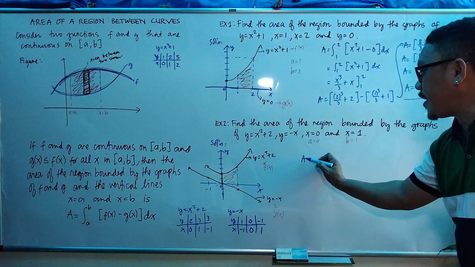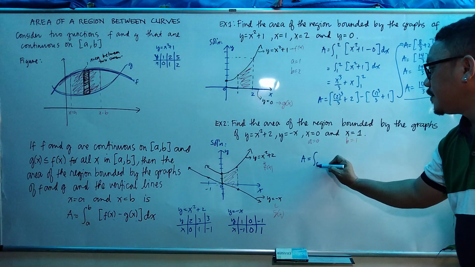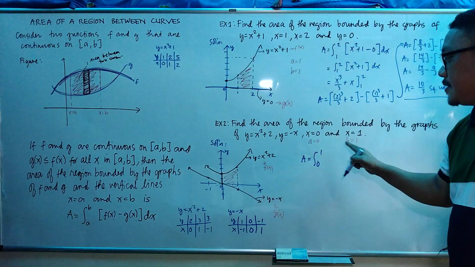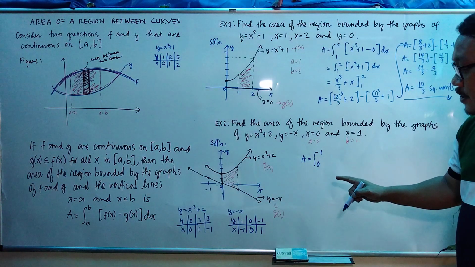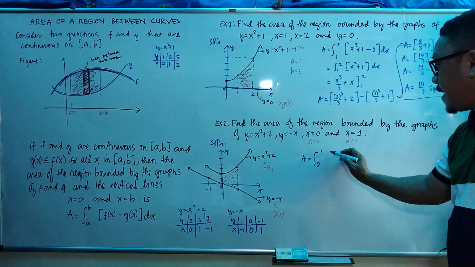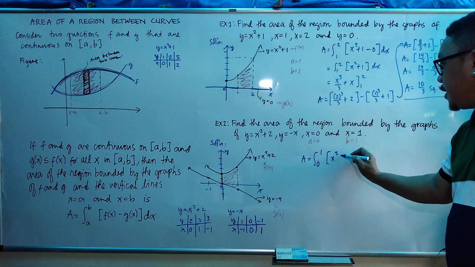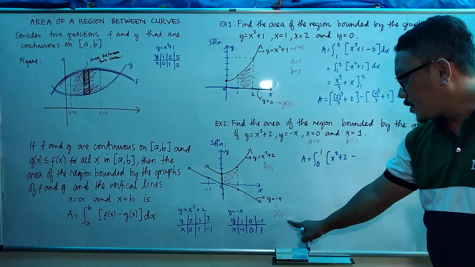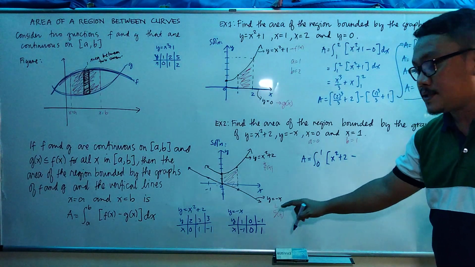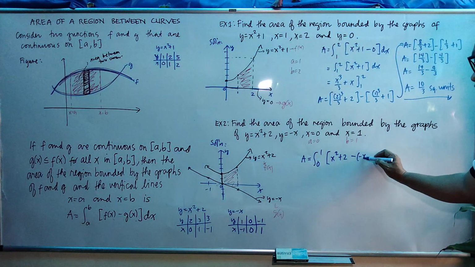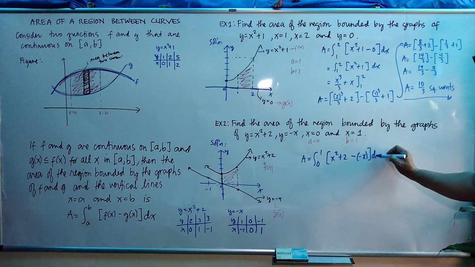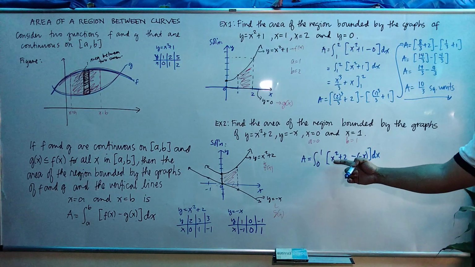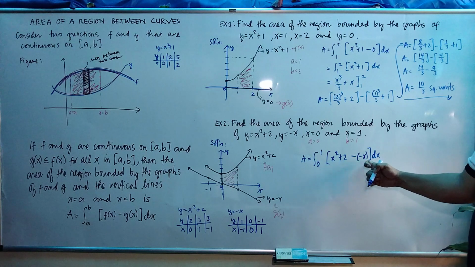Using the formula, area is equal to the integral from 0 to 1, then f of x, x squared plus 2, minus g of x, which is negative x, enclosed in parentheses, dx. So, f of x minus g of x.